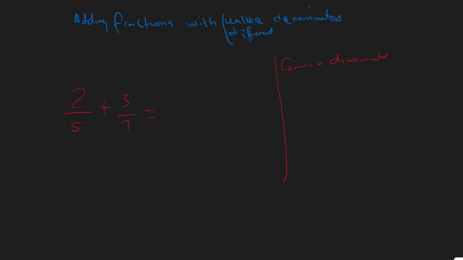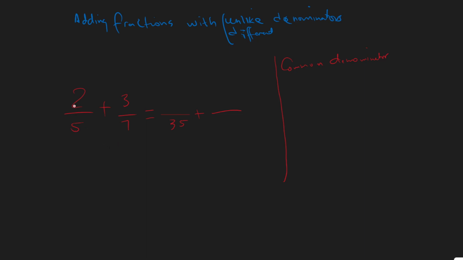Okay, so we need to get that common denominator here at the bottom. This is for 2/5 plus, we're going to get the same denominator for 3/7. So let's say the common denominator for these two is 5 times 7, that's 35.